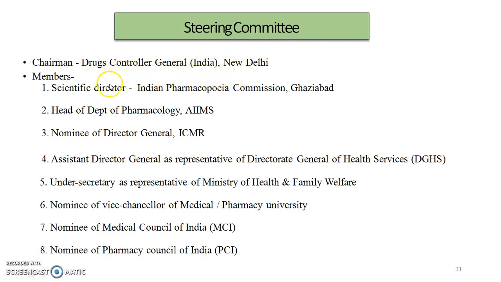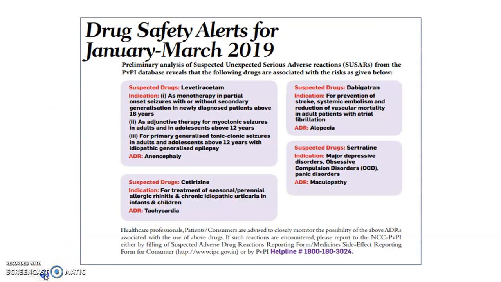There is a scientific director from IPC Ghaziabad, the head of pharmacology from AIIMS, a nominee from the Director General ICMR, an assistant director from DGHS, that is Directorate General of Health Services, an Under Secretary as a representative of the Ministry of Health and Family Welfare, a nominee of the Vice Chancellor of a Medical and Pharmacy University, a nominee of MCI, and a nominee from PCI, which constitute the whole steering committee to run the Pharmacovigilance Program of India.